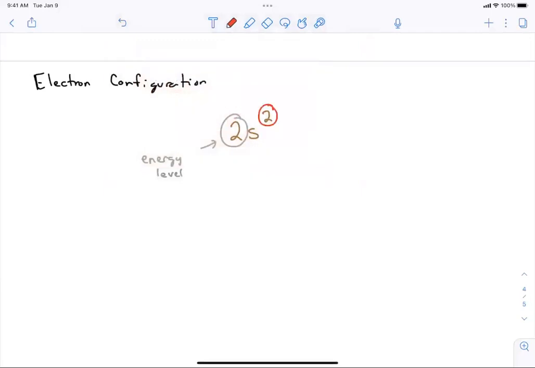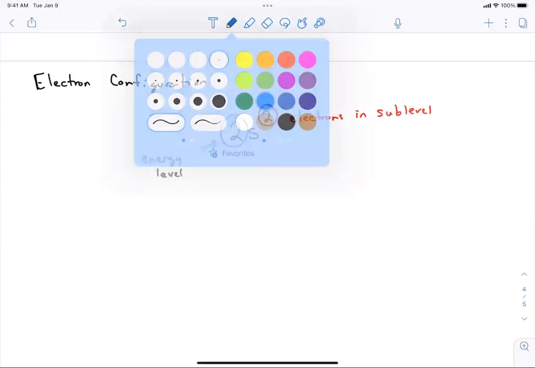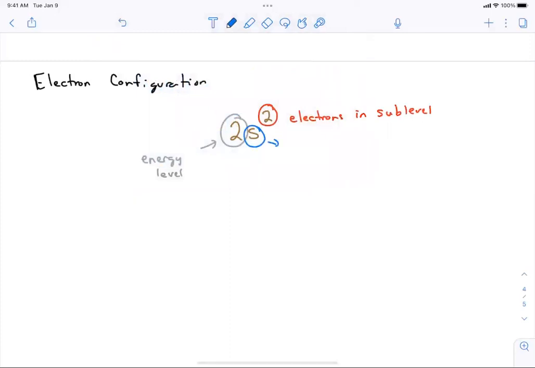This exponent is the electrons in said sublevel. And this letter S is the sublevel that we're discussing. So every block of electron configuration that you write has to involve an energy level, a sublevel, and how many electrons are in that sublevel.